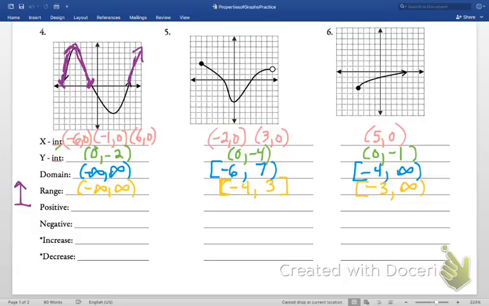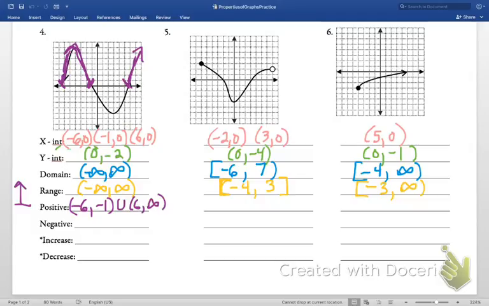There's above the x-axis. Okay, so let's look at that. So above the x-axis, going from -6 over to -1, and then again from +6 to infinity.